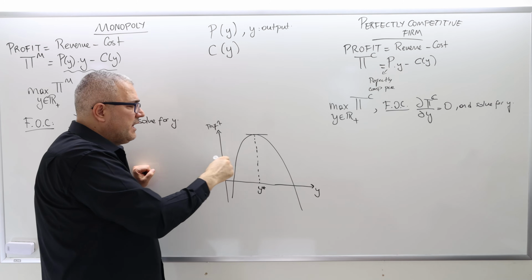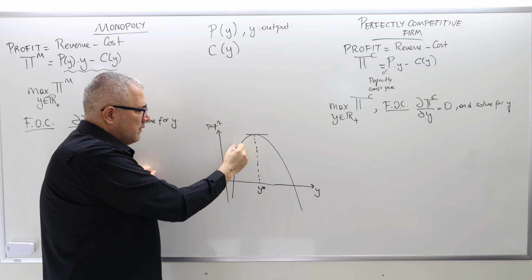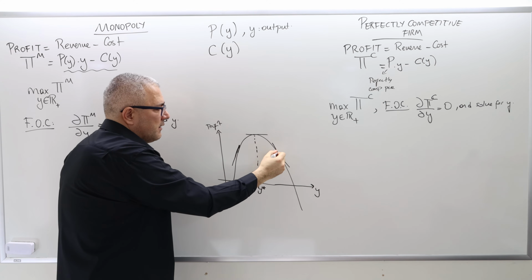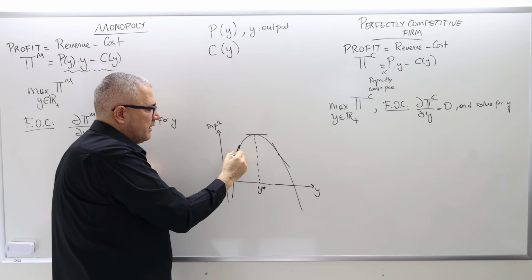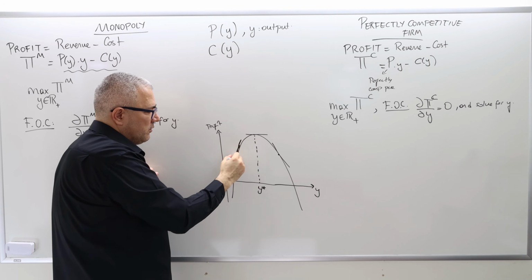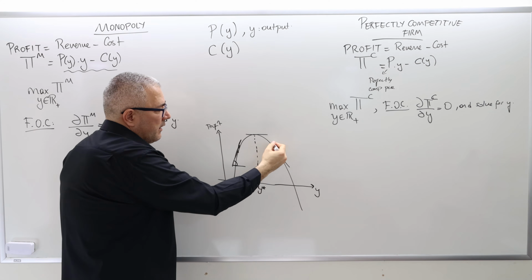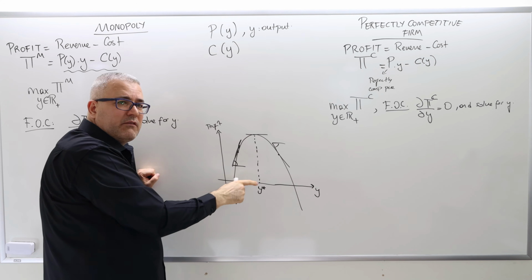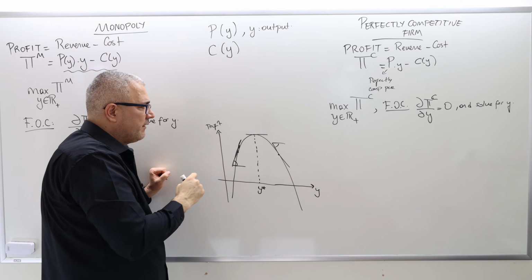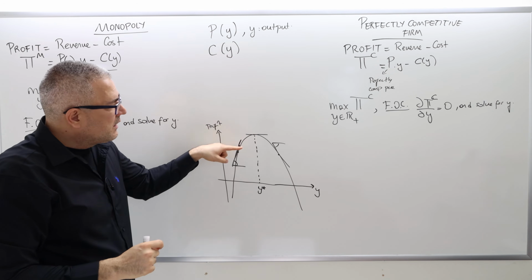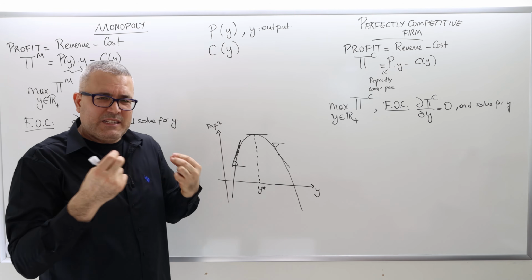If you draw the tangent at any other point, you see the slope is not 0. Here it's positive, here it's negative. So this slope equaling 0 means something.